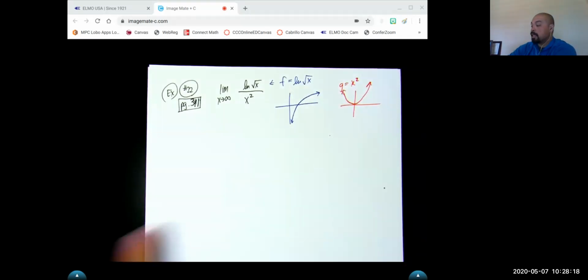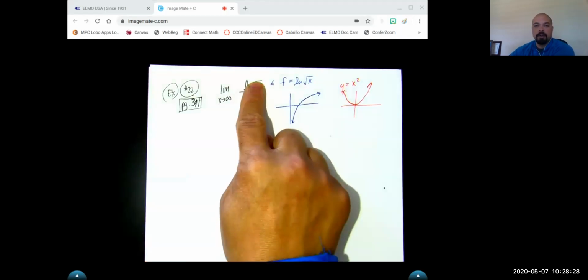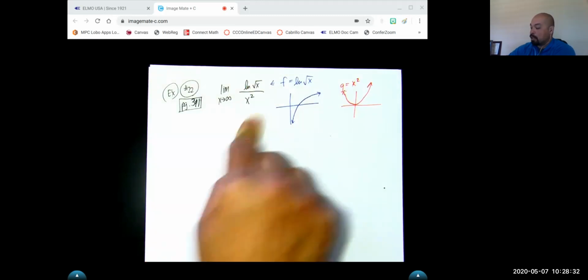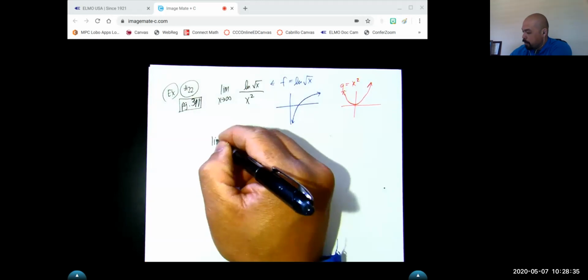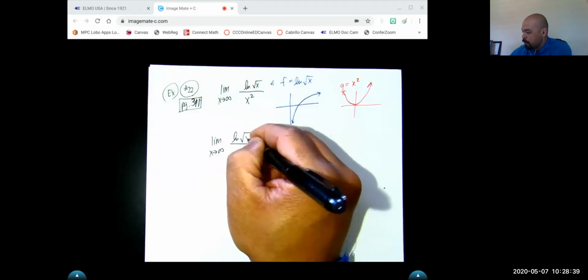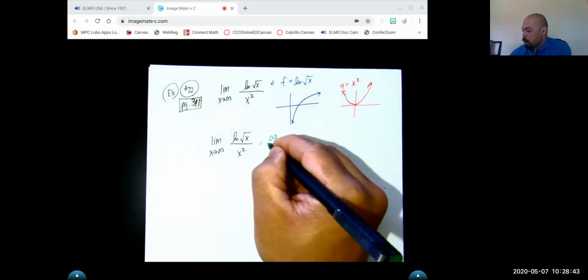So looking at this information, we can start to plug in numbers if you want to. Let x equal 10, 100, 500, 1,000, whatever it is, and you'll see you get really large numbers over really large numbers. So when I look at this limit as x goes to infinity of this expression, this is going to be that infinity over infinity case.